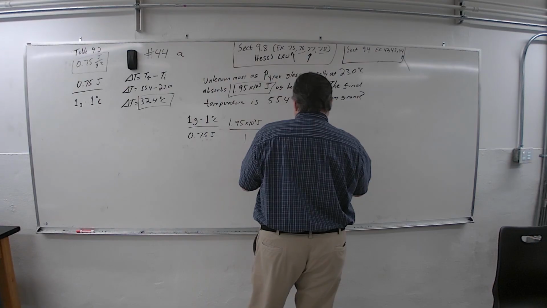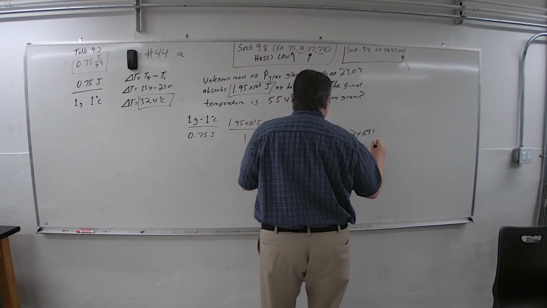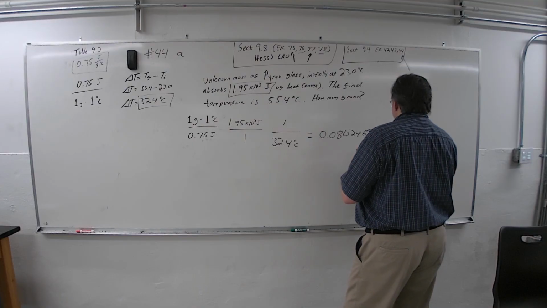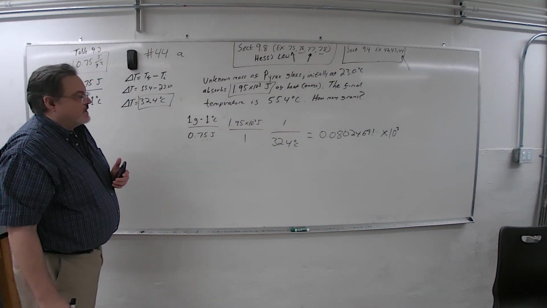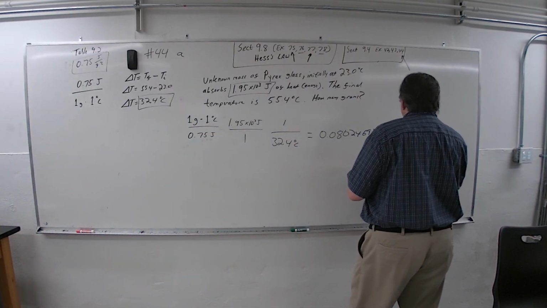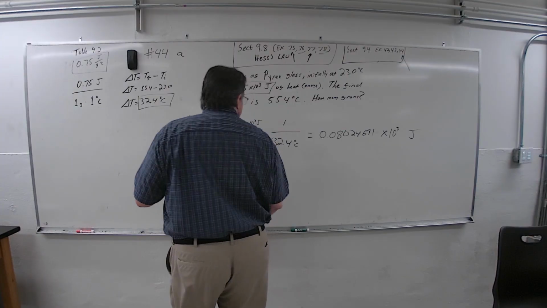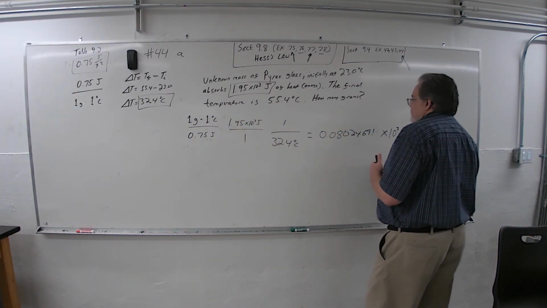Calculator says 0.0802469, blah, blah, blah, and I've got to put the times 10 to the 3 there. And it's grams.